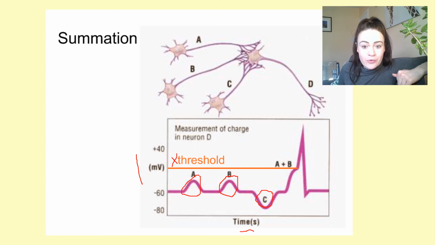That actually brings down our voltage here. However, if we add A and B together, like so, we are actually surpassing the threshold, so we do get our nerve impulse.